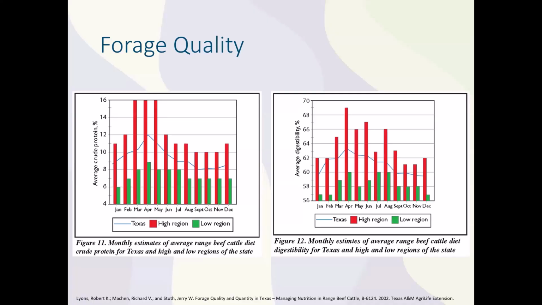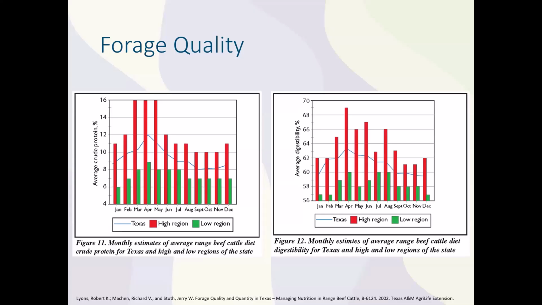So let's look a little bit at forage quality. These are some graphs from a publication that AgriLife Extension put out several years ago. They did some fecal NIR analysis across the state through the GAN Lab, the Grazing Land Animal Nutrition Lab.